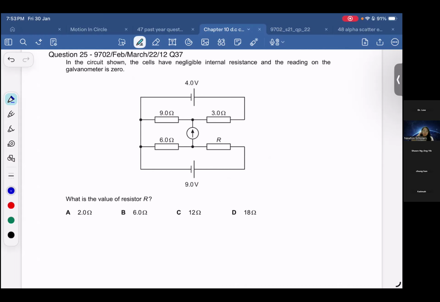Question 25. Any of you? Hong Han, correct.